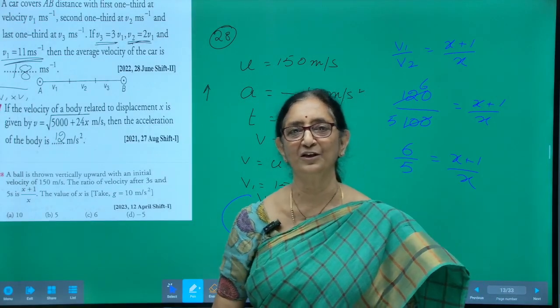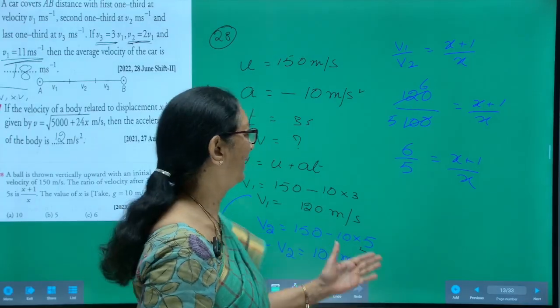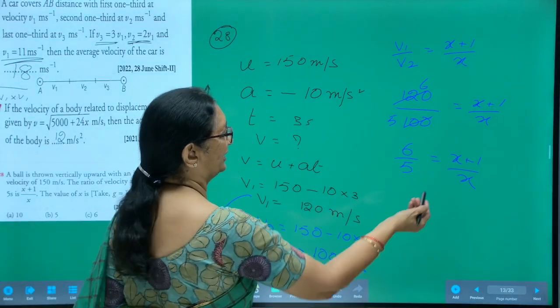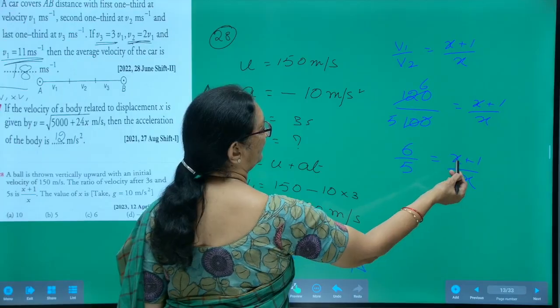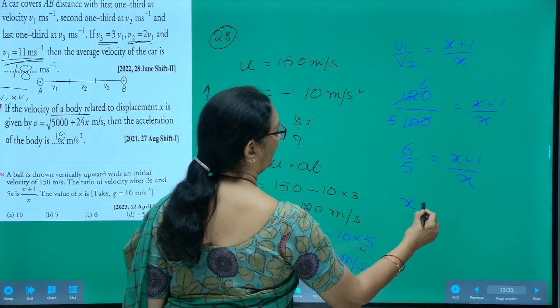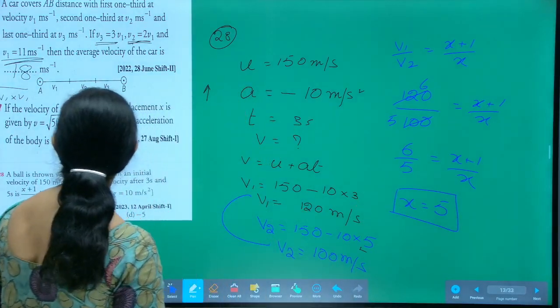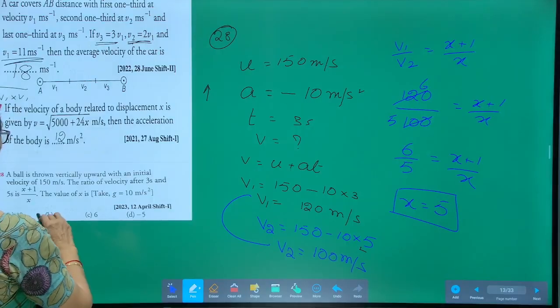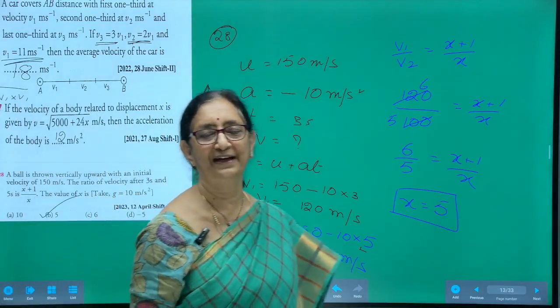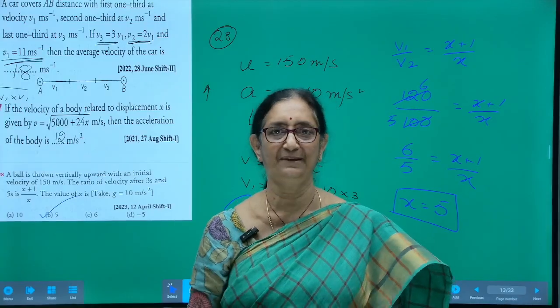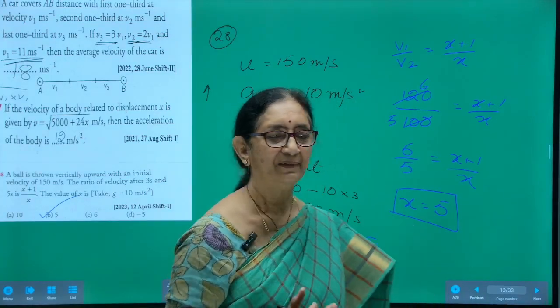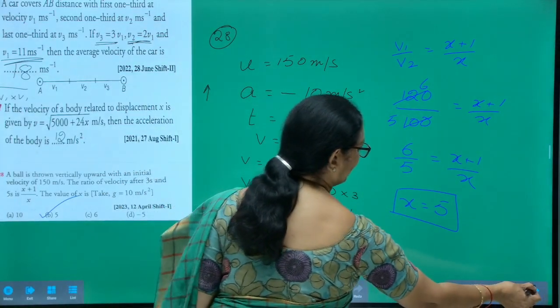Actually, by applying cross multiplication, you can do that. But from the trial solution, you can tell. If x is equal to 5, x plus 1 is 6. So very obviously, x is equal to 5. That is the answer. The value of x is equal to 5 in that problem. Is it okay? Let us move on to the next problem.